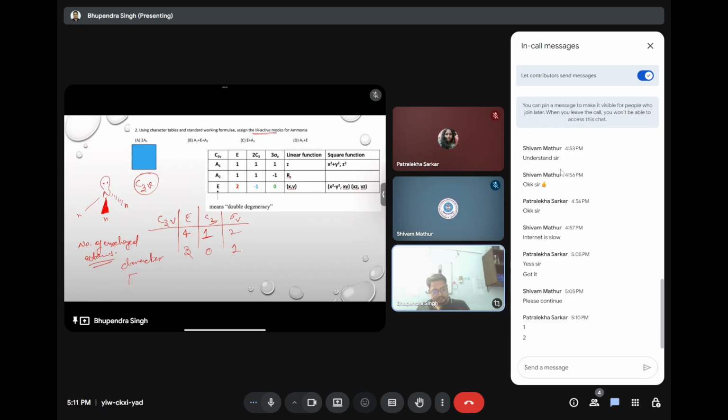So this 3n reducible representation will be 12, 0, and 2, because it is the multiplication of the character and the number of unchanged atoms. I'll tell you the trick about how to determine this character, or you can find it out here also.